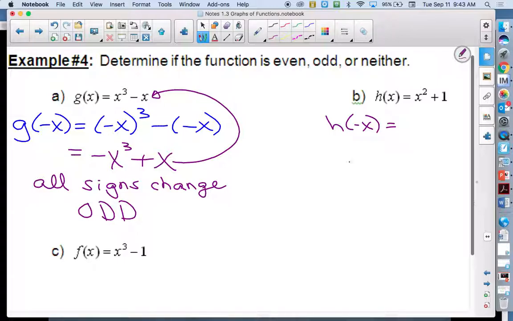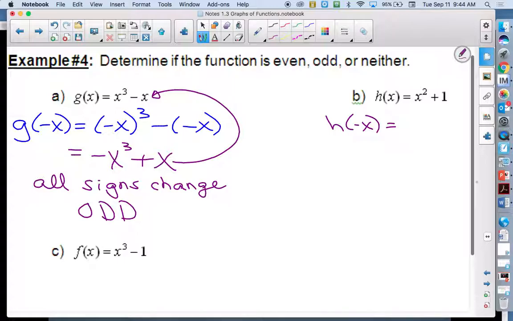So if this graph said x minus 2 squared, then it moves either left or right, so it's neither. So yes, you are correct that if the power is even or odd, that might help you determine if it's even or odd, but not just because of the power. Just because the power is cubed doesn't mean that every cubed power function is odd. If it shifts anywhere to the left or the right, it doesn't go through the origin, then it wouldn't have origin symmetry. Other questions?